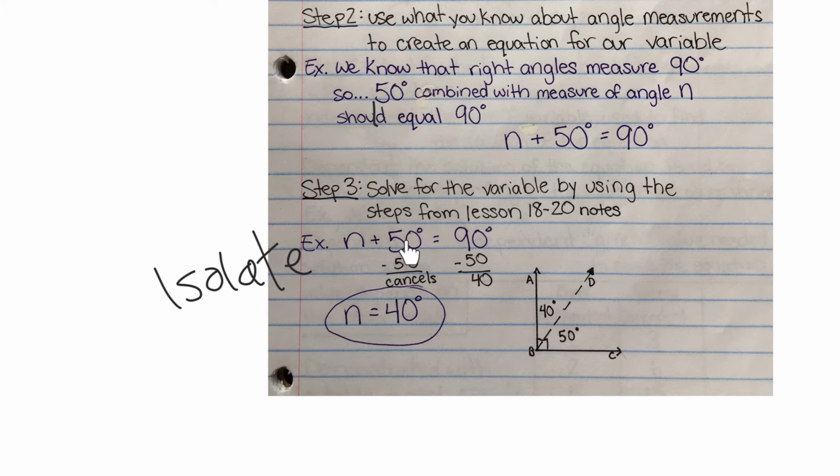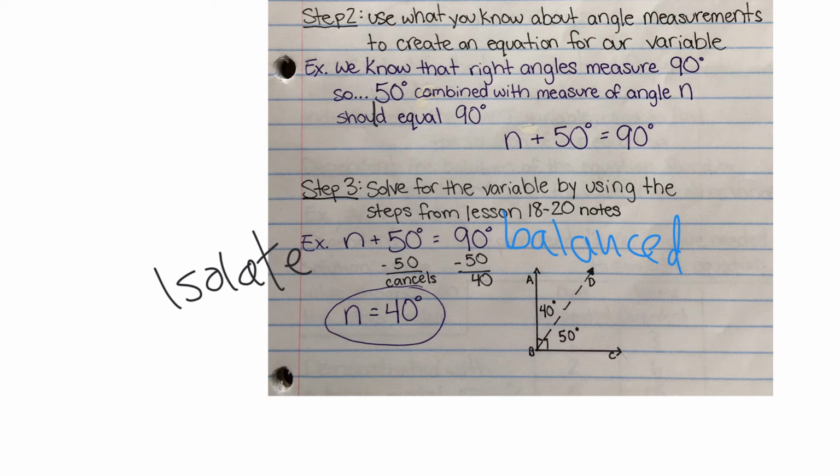So in order to get rid of this plus 50, we use the inverse operation of minus 50. 50 minus 50 cancels itself out, but you have to do it on both sides. Why? To keep it balanced. So we do the minus 50 on the right side as well. 90 degrees minus 50 degrees gives us 40 degrees. So N should equal 40 degrees if all is correct.